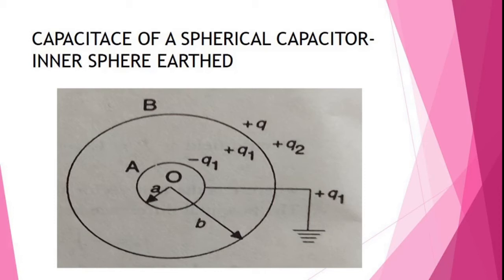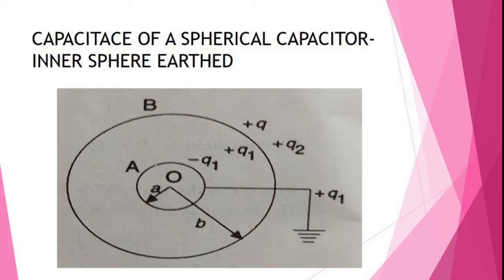We are giving a charge plus q to the outer sphere B. This plus q charge is distributed on its inner as well as outer surface.